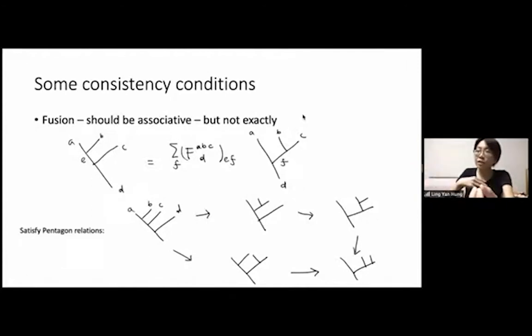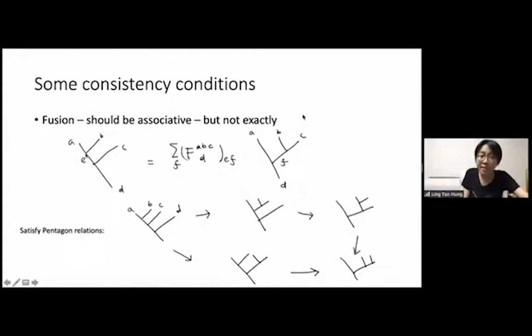So it shouldn't matter, if I have three things A, B, C, whether A, B fuse together first and then fuse with C, or B, C fuse together first and then fuse with A. From afar, I should be able to detect exactly the same thing. And so there is the notion of associativity in this fusion.